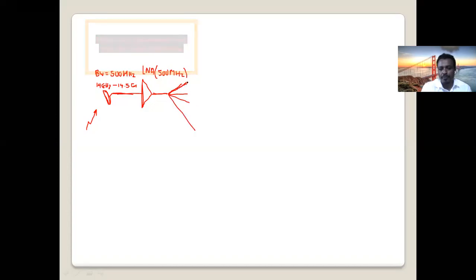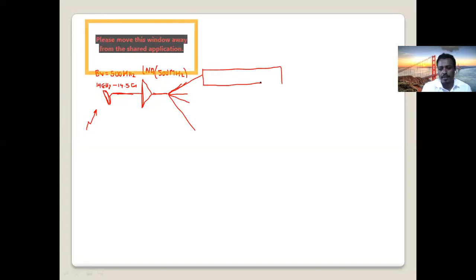The first carrier goes to the first transponder. So this is transponder number 1. This transponder number 1 has only 36 megahertz.